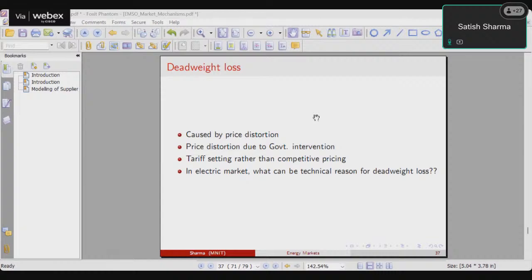Not audible yet? Should I disconnect and connect again?